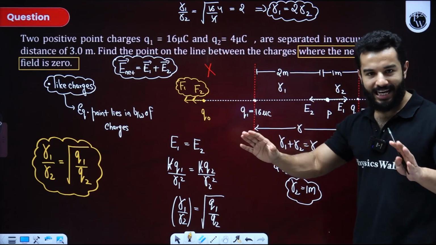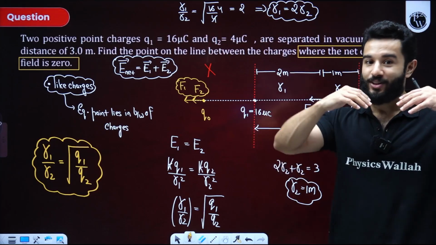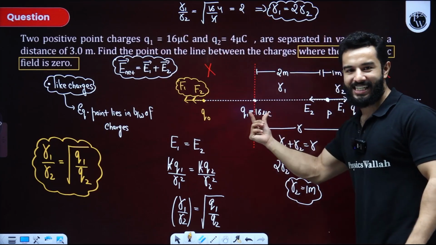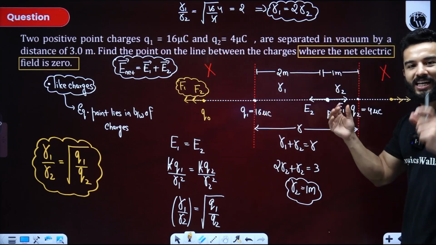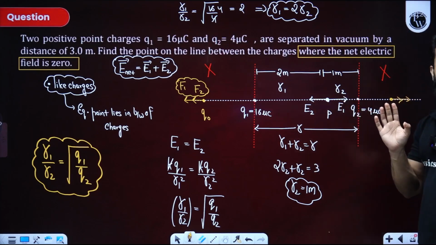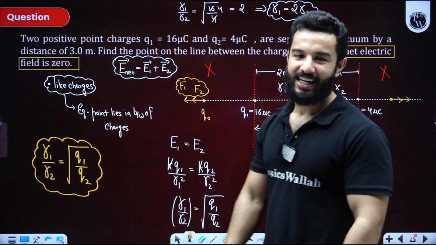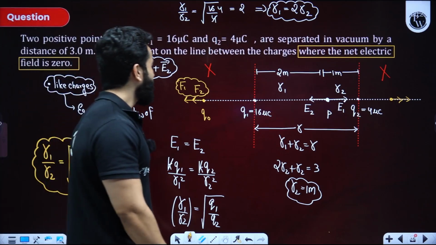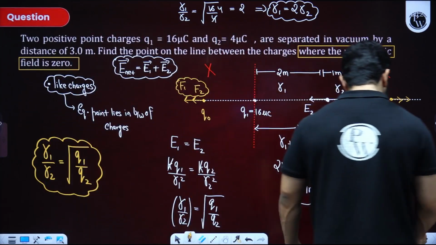Now they are unlike charges, so it will lie on either side. Now which side? This is minus 16, this is plus 4. The lesser magnitude is 4, so it will lie somewhere over here at a distance of x, right? Again, you can use the equations and find the value. So hopefully, my dear friends, this was all good to you.